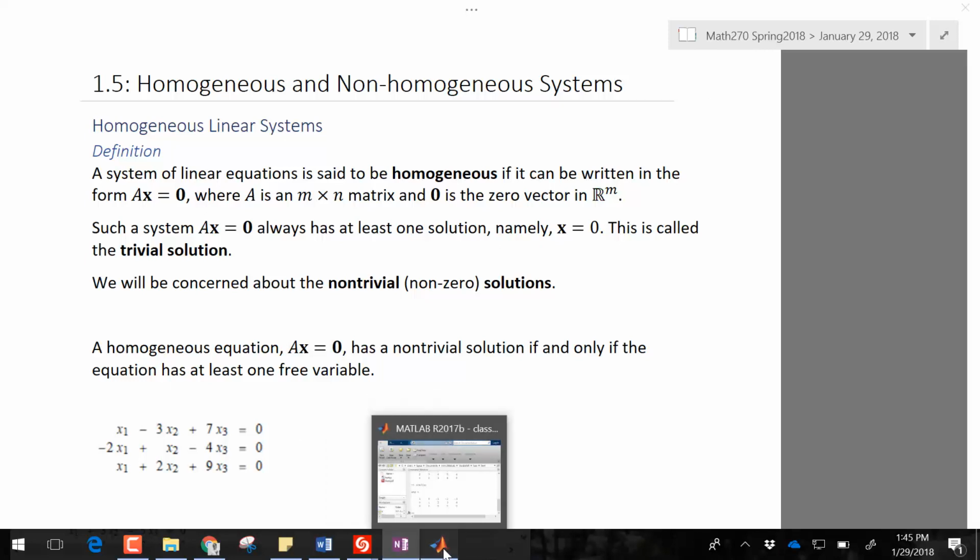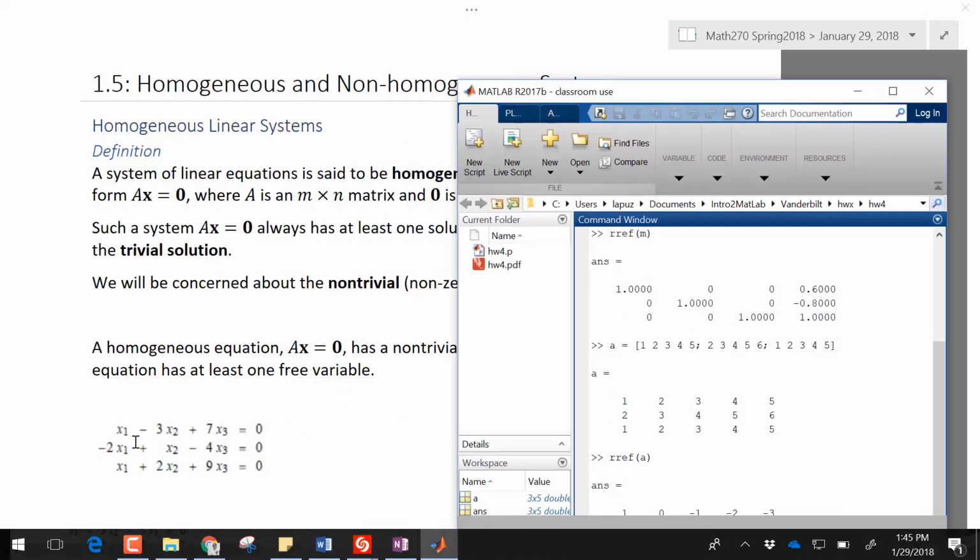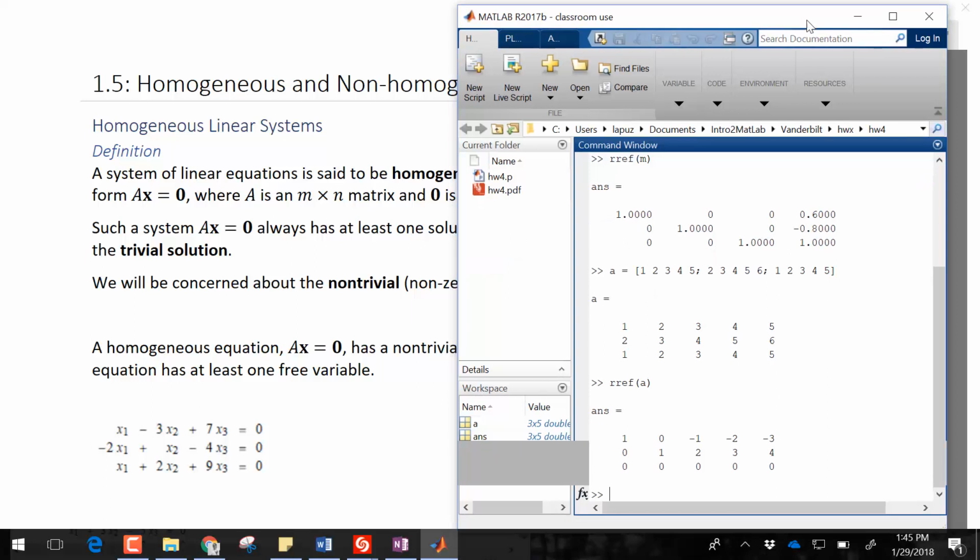So we have an example down here, x1 minus 3x2. I'm just going to plug that into my sophisticated calculator. So that's 1, minus 3, 7.